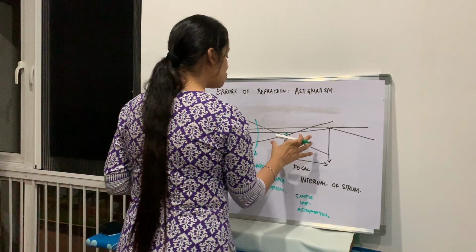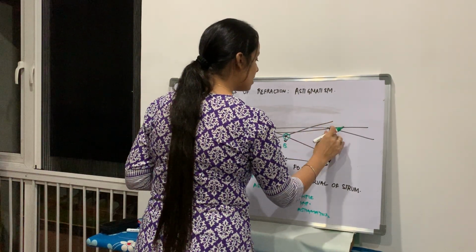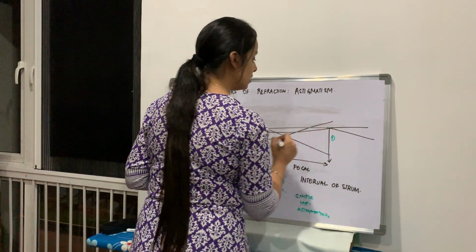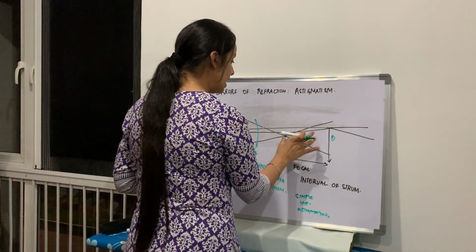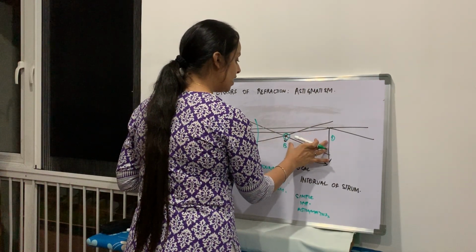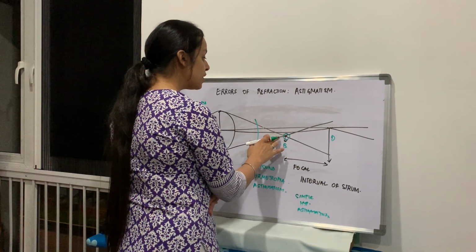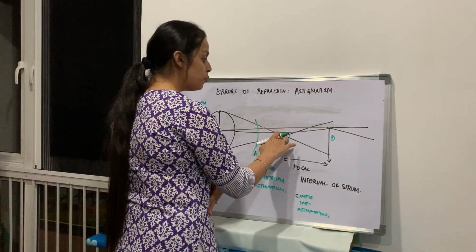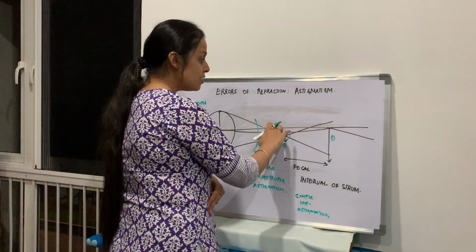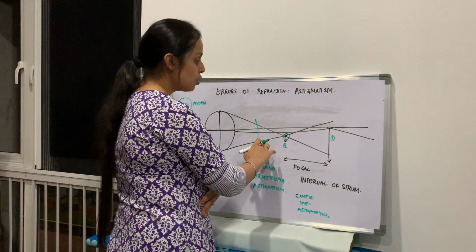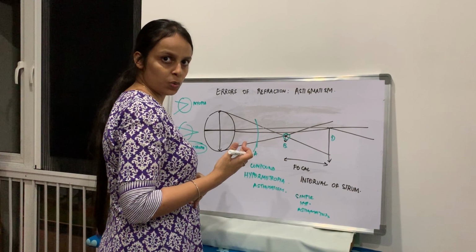Now suppose I consider this point as D. For any of the points between this point and D, there will be a situation where one of the rays, after forming a focus, are diverging while the other set of rays are still converging. So we encounter a mixed situation over here.